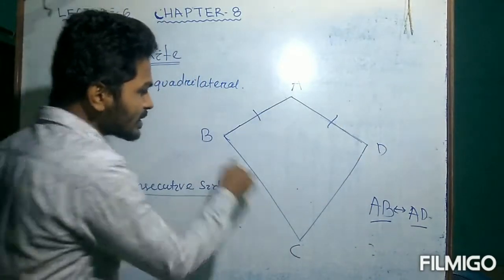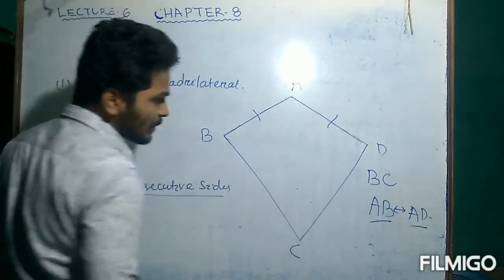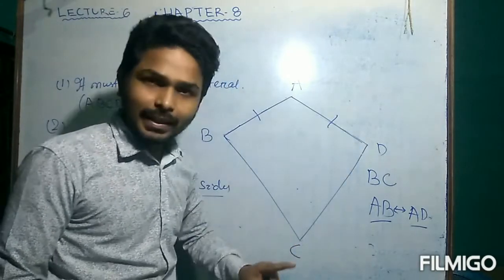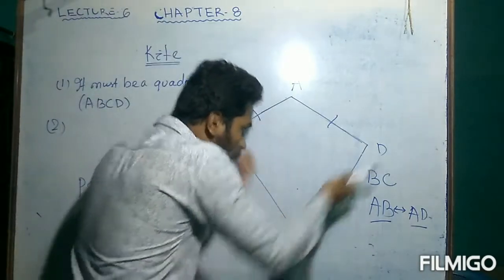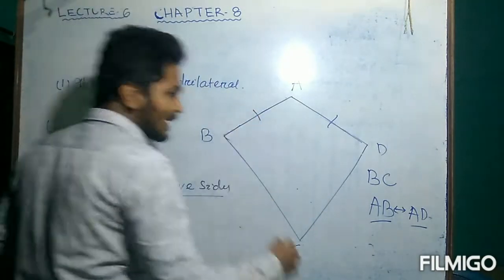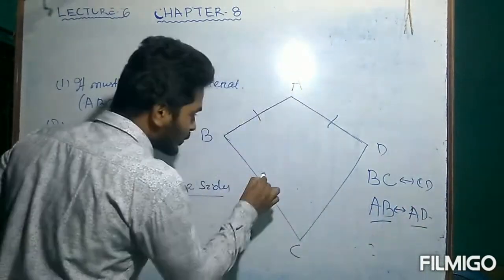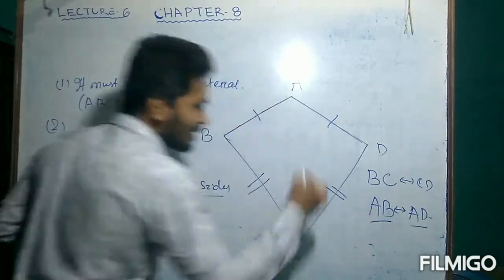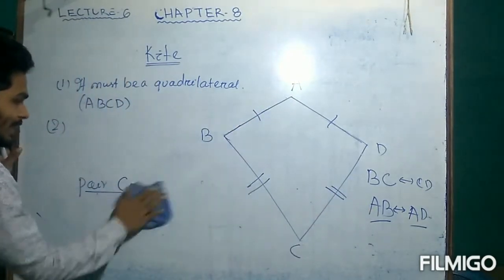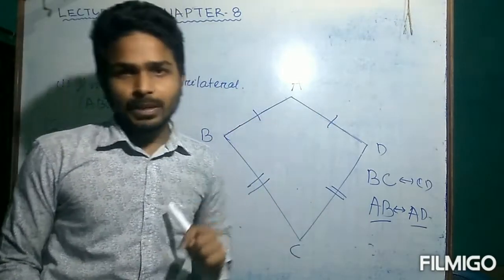Clear? Now if we consider BC, then CD is a consecutive side of BC, because BC and CD have a common vertex. They start from a common point. So BC and CD are two consecutive sides, and according to the second property, BC must be equal to CD. So let us write the second property: the pairs of consecutive sides are equal.